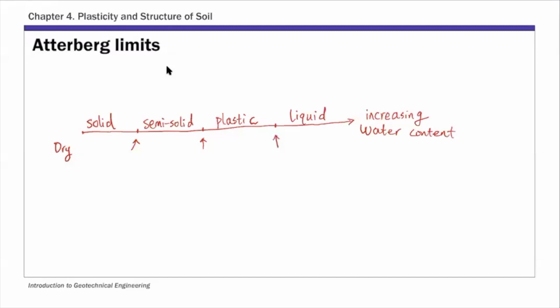And the first one, solid to semi-solid, this is called the shrinkage limit. And semi-solid to plastic, that threshold water content, this is called the plastic limit. And the last one is called the liquid limit.